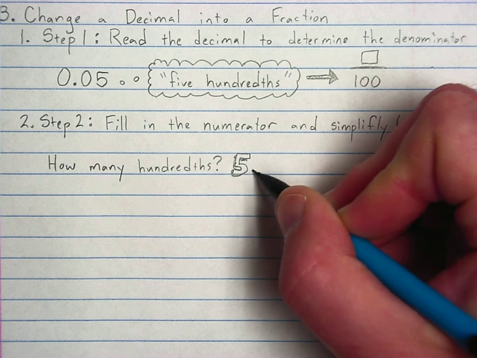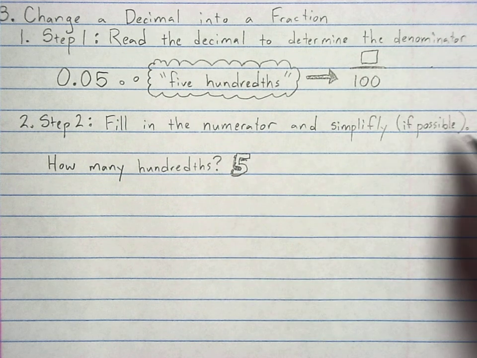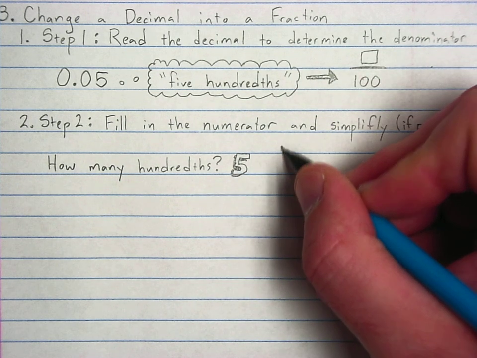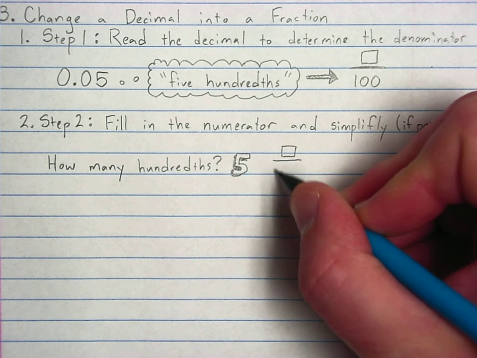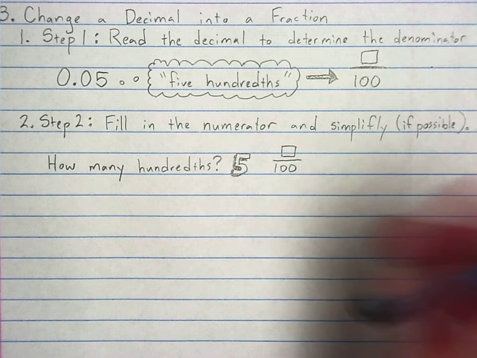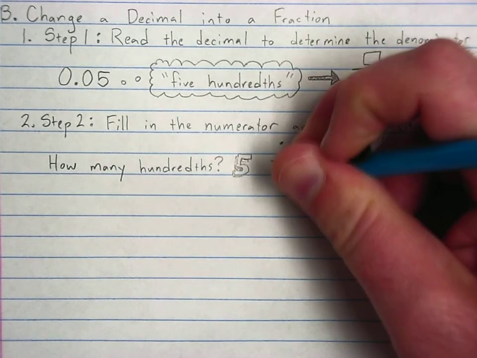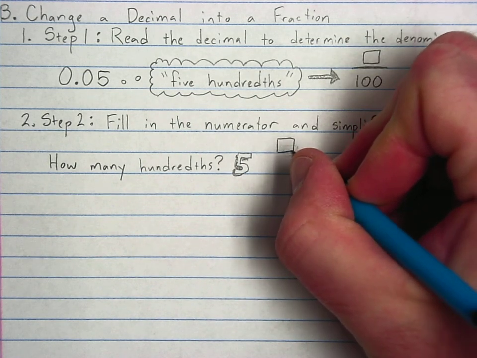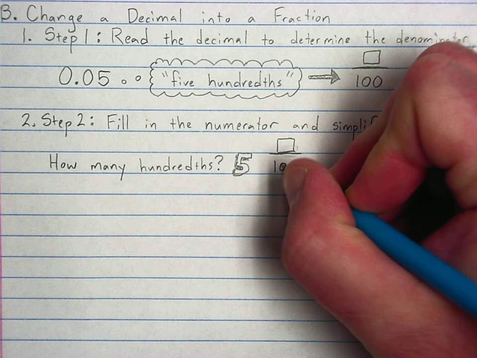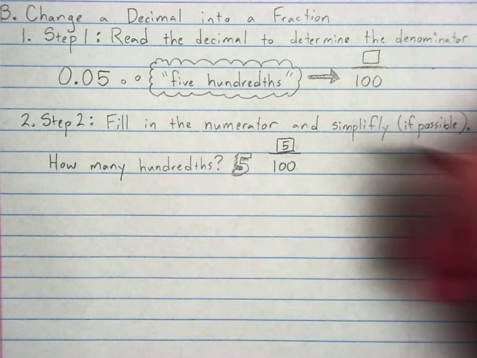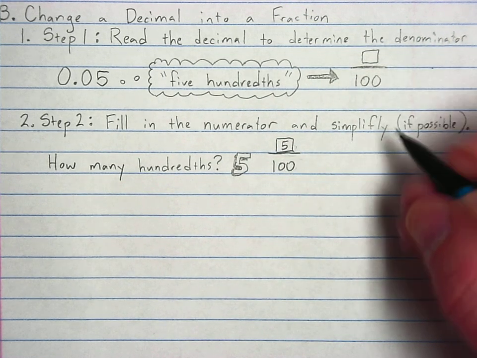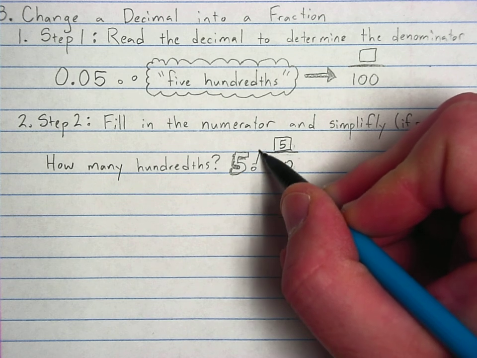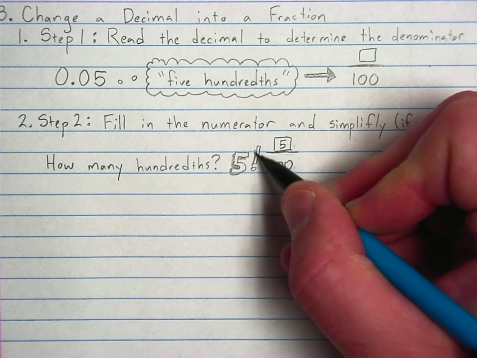Come on, Mr. Landry, let's get down to it. All right, 5 is the answer. So, with our original fraction, something over 100, I'm going to write that a little neater, something over 100, we will put 5 over 100.